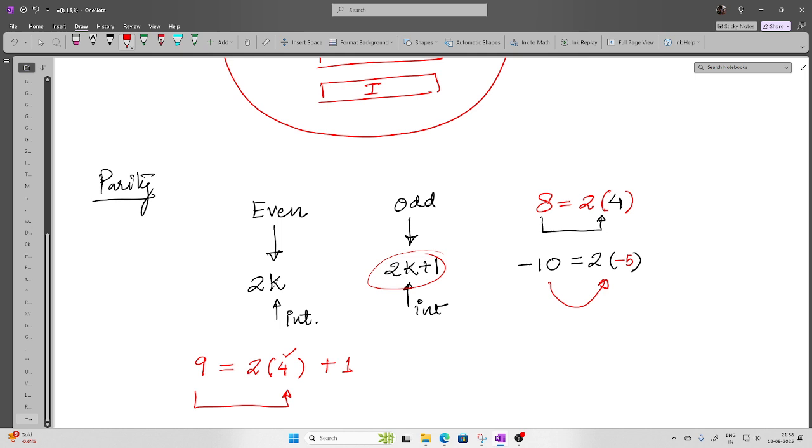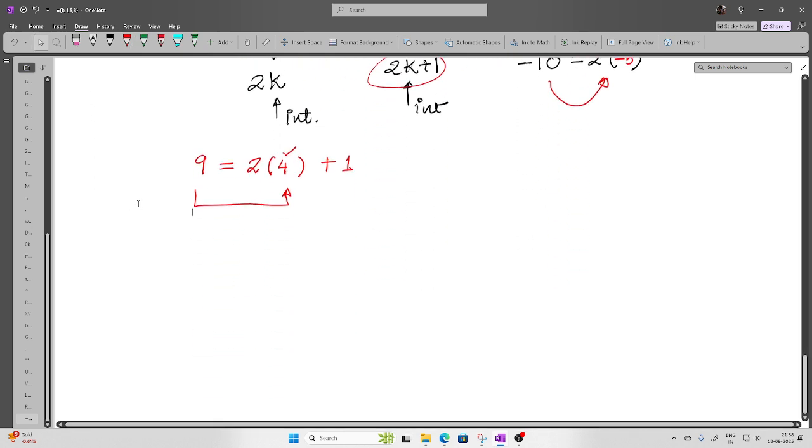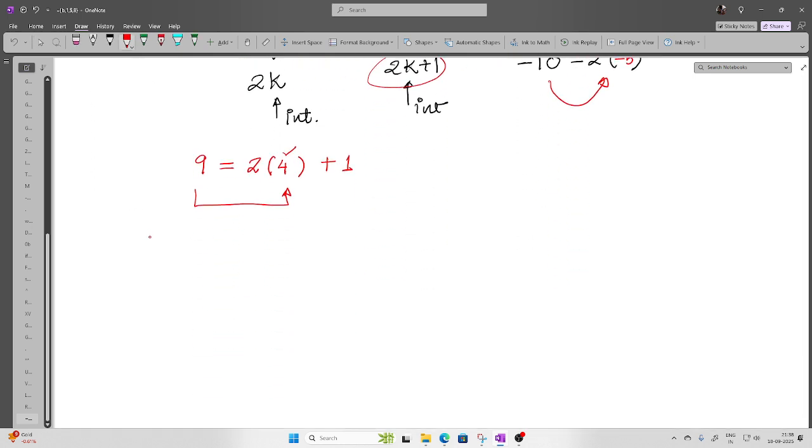Not only this, you can prove some of the basic things. Let us prove whether odd plus odd is even or odd. The first odd number is written as 2k plus 1. Now this is also odd, so this will be 2k prime plus 1. So what is this?